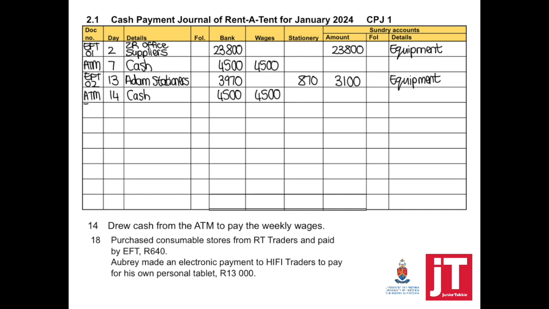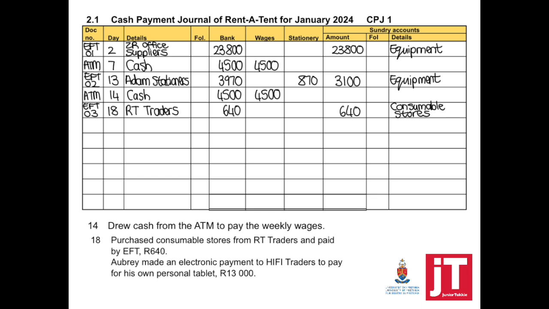On day 18, we start with the source document, evidence, EFT, and the number. It happened on day 18, and the first transaction, a payment was made to RT Traders for 640 Rand. For what reason? This was for consumables stores.